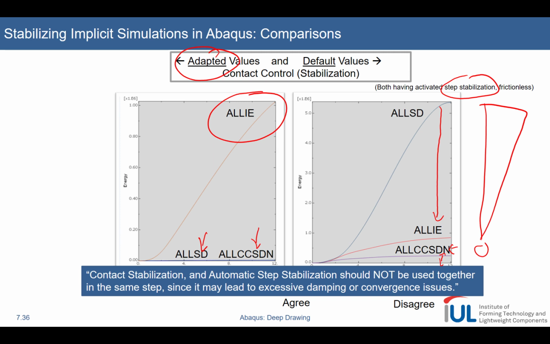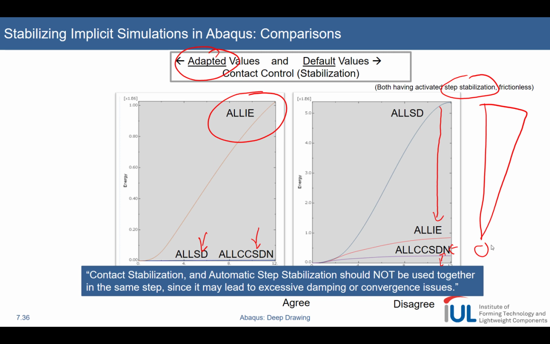But one last thing I want to say is that in general, any sort of artificial energy in implicit simulation causes the results in each step to deviate from the physically correct equilibrium results that implicit simulations are usually known to produce.